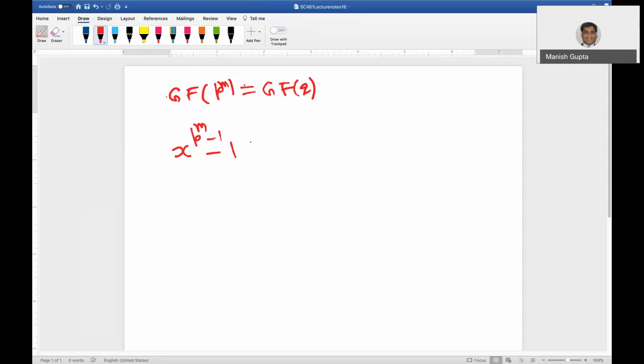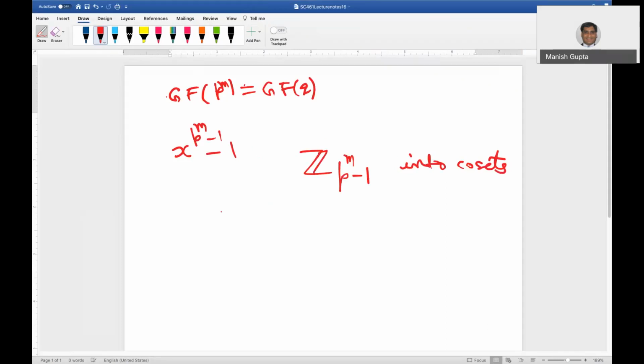How do we factor this? In order to factorize this polynomial, we consider integers modulo p^m − 1, and we decompose it into cosets, the cyclotomic cosets that you saw in the last class.